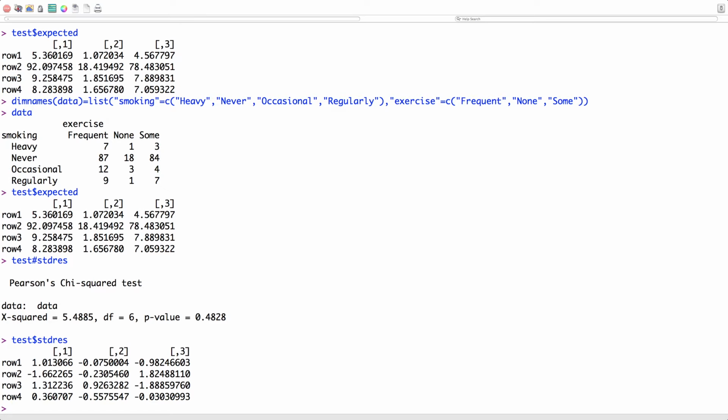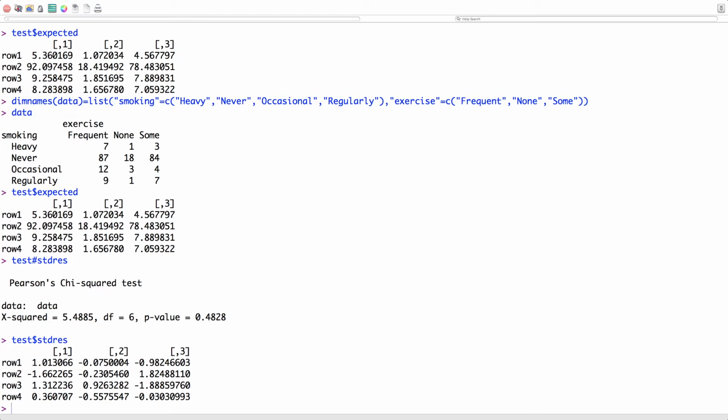And the standardized residuals are important, especially if we reject the null. The red flags here are standardized residuals that are above 2 or below -2, and those usually occur when we reject the null hypothesis. So guys, let's think this through. The null hypothesis is smoking and exercise are not related.